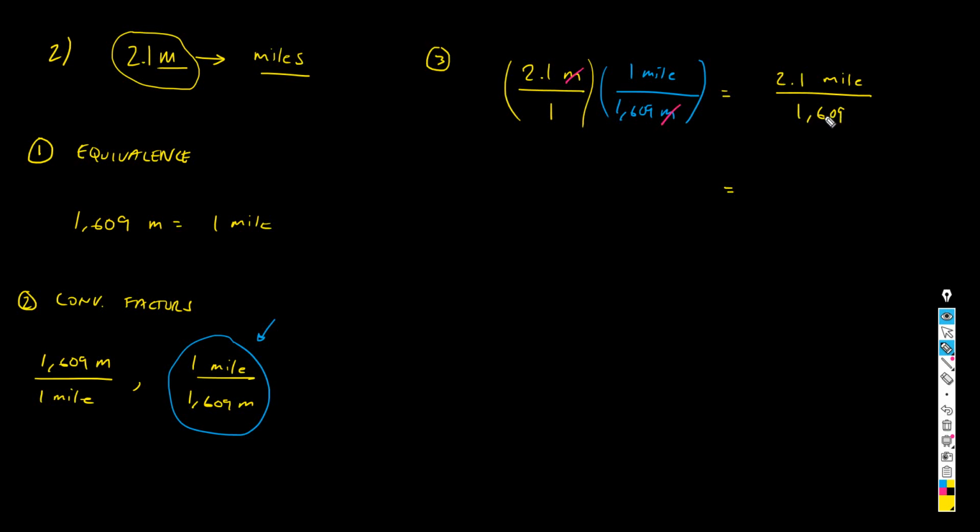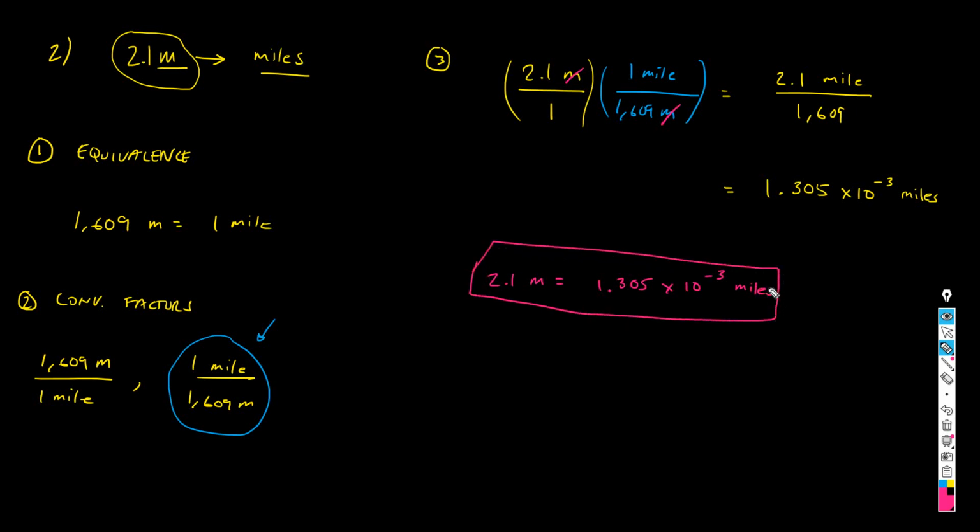Let's do it. And if you do that in the calculator, you will get approximately 1.305 times 10 to the minus 3 miles. And that's my result. So my conclusion is the following. 2.1 meters equals 1.305 times 10 to the minus 3 miles. So this is my result. Let's move on.